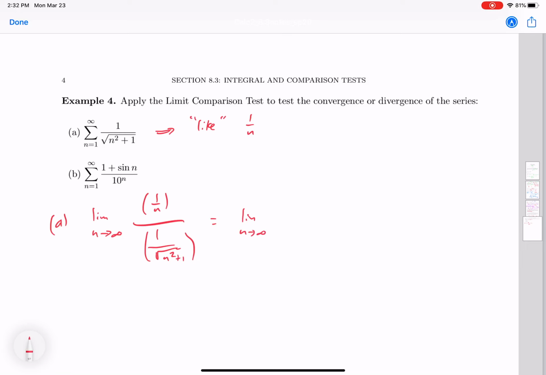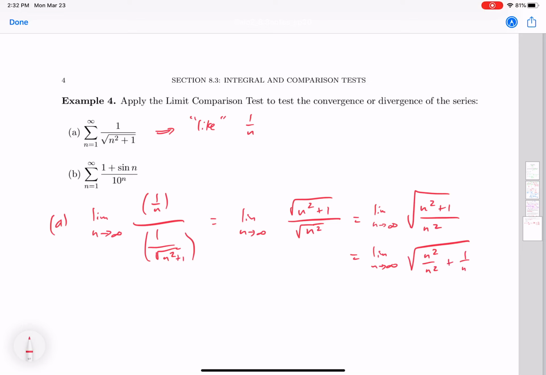Well, that's the limit as n goes to infinity. I can now multiply by the reciprocal and get the square root of n squared plus 1 over n. That n on the bottom, I can rewrite as the square root of n squared, and then I can bring them both under the same square root sign and do a little bit of breaking up of that fraction, and I get n squared over n squared plus 1 over n squared.